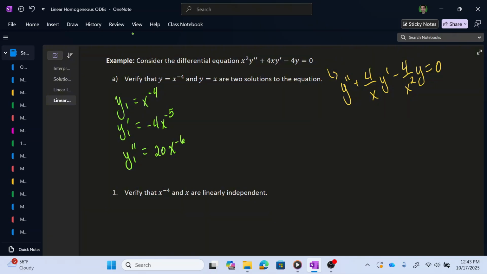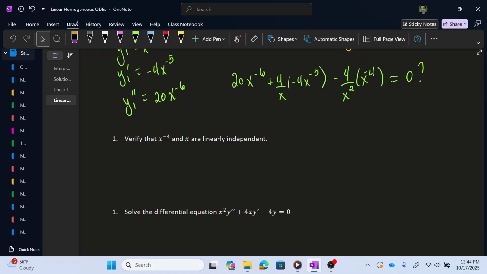And if I plug that into the differential equation, the one I've reformatted here on the right, I get 20x to the minus 6 plus 4 over x times negative 4x to the minus 5 minus 4 over x squared times x to the minus 4, and I want to see, does that equal 0?